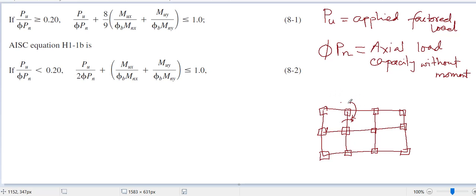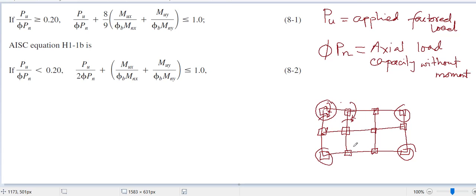So for this column, at least there will be moment in one direction, maybe not here, but there is a good chance. What about the corner column? Yes, it's obvious that there will be moment about this column and this girder. So these four columns will get moment about both axes. The other columns, this one, will get moment about one axis.